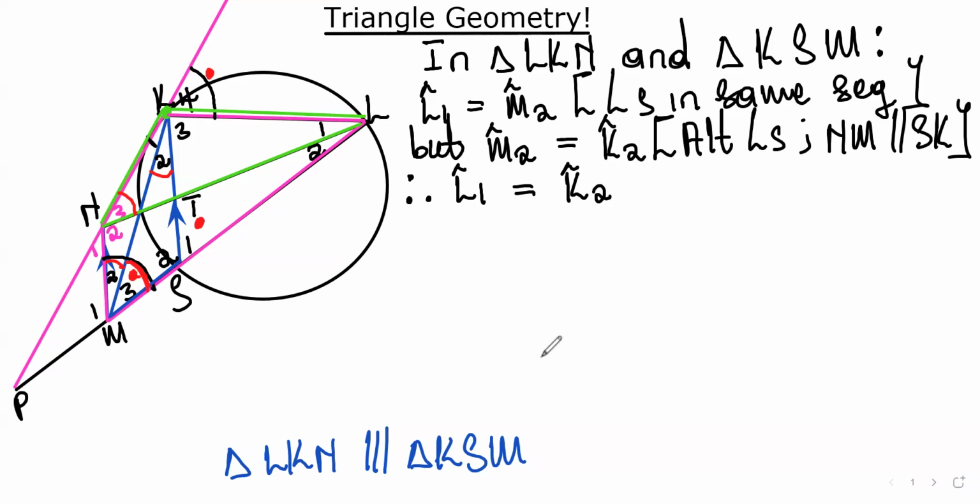Okay, they're angles in the same segment. They're subtended by the chord KL. Okay, thank you, sir. Yes, they're subtended by the chord KL. Okay, that's a good one. So yes, angle N3 is equal to angle M3 because they are angles in the same segment.